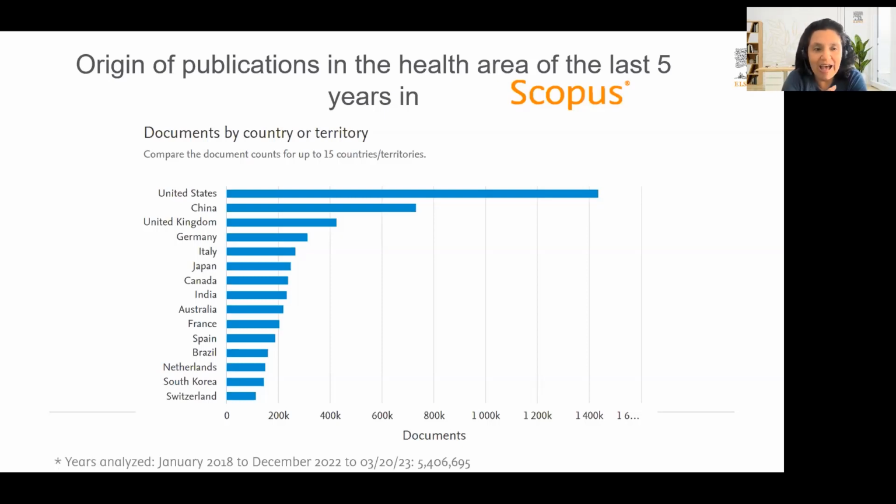I have this information updated with the documents by country showing where the most publications around the world are. This is the top 15 of publications from January 2018 to December 2022, to have all the years complete.